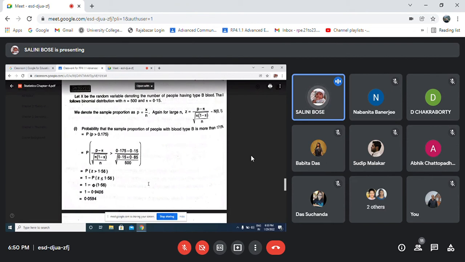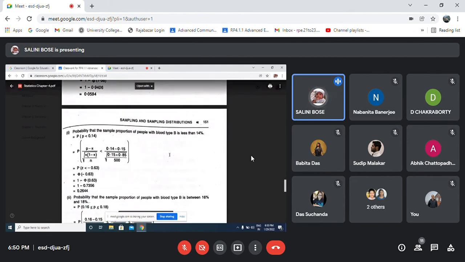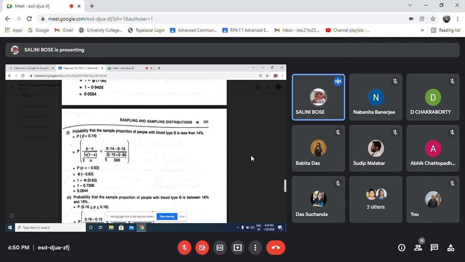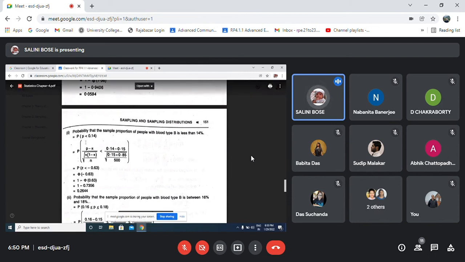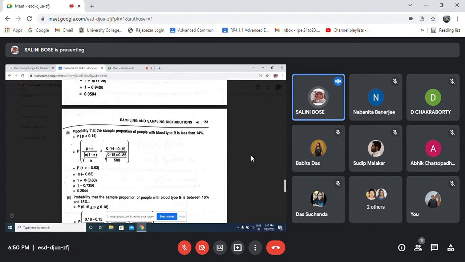And for the same case, if you have the probability of less than 14%, so you can write proportion less than 14%. In terms of proportion, we can write this formula, just put the value, and you will have probability of Z less than minus 0.63. You cannot read this probability directly from the table, right?